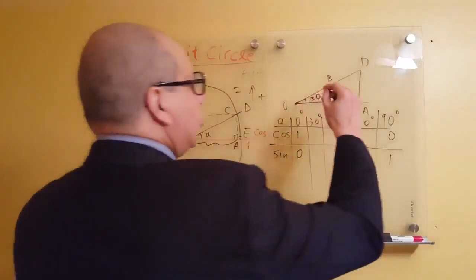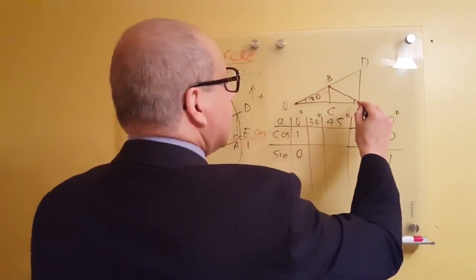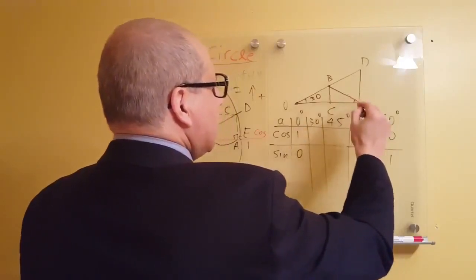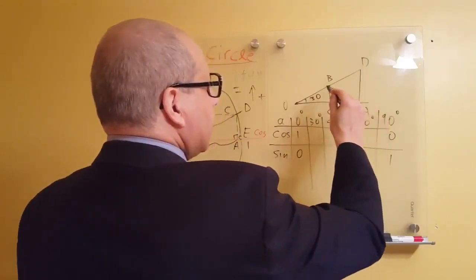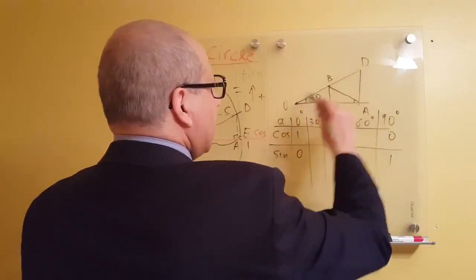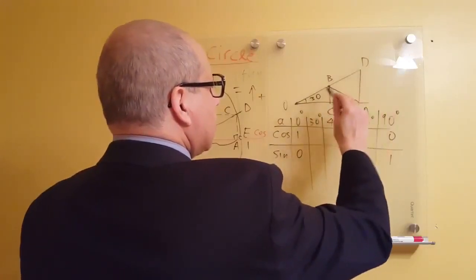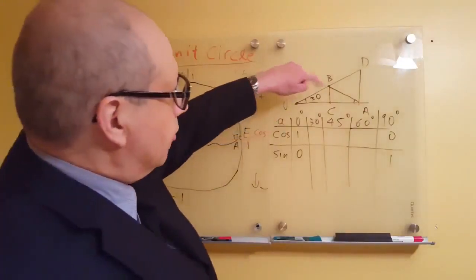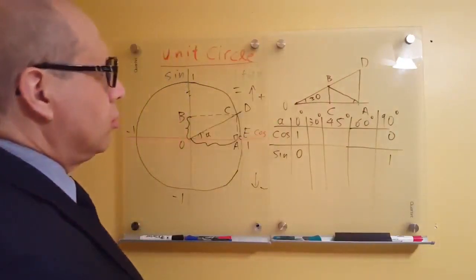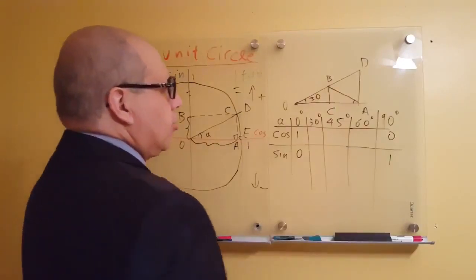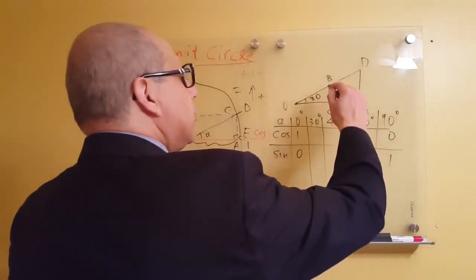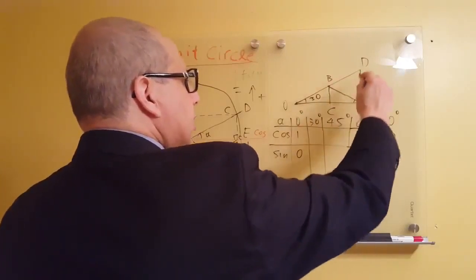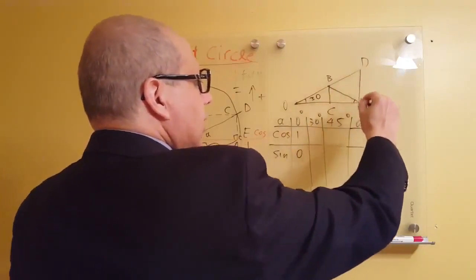From this angle here, which is 90 degrees, I bring the segment which intersects OD in the middle. So this point B is the midpoint of OD. And now from this point I bring the parallel. So this line BC is parallel with DA.